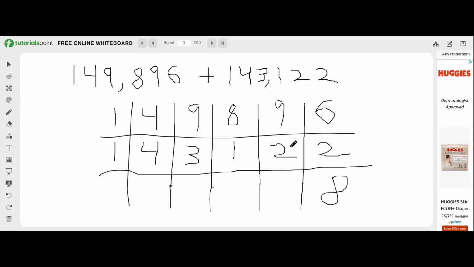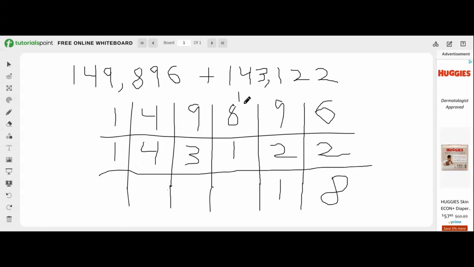So therefore, 9 plus 2 is 11. We can't actually put 11 down here. The kids know that they can't do that. They have to regroup at this point. So what they're going to do is regroup that 1 up here, and we're going to make this an 11. That's how we represent our 11.